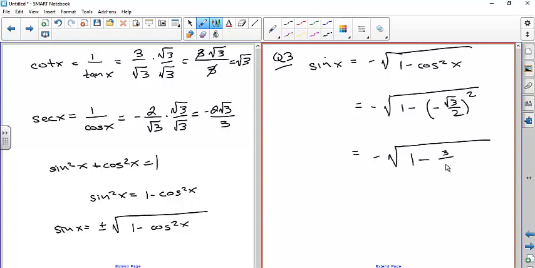We square 2, which is 4. So we get the negative the square root of 1 minus 3/4, which is 1/4. Take the square root of 1, you get 1. The square root of 4, you get 2. So the sine of x is negative 1/2.